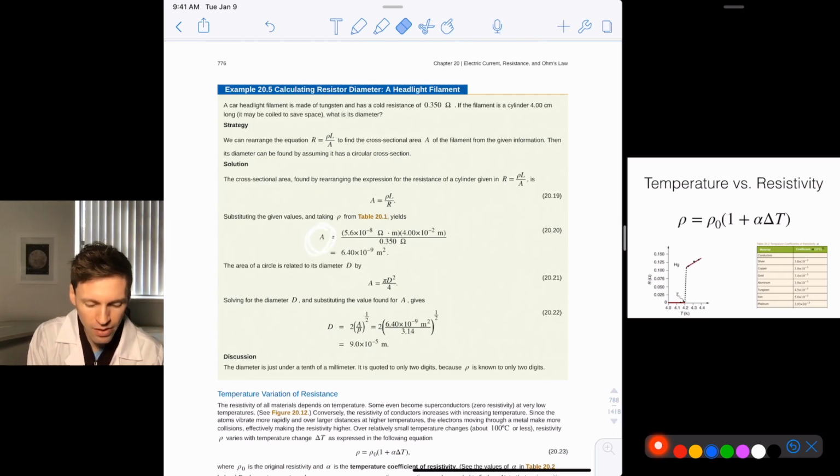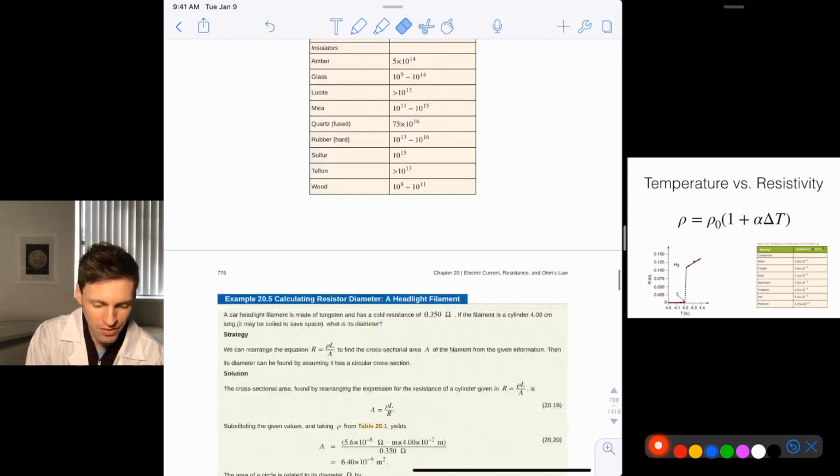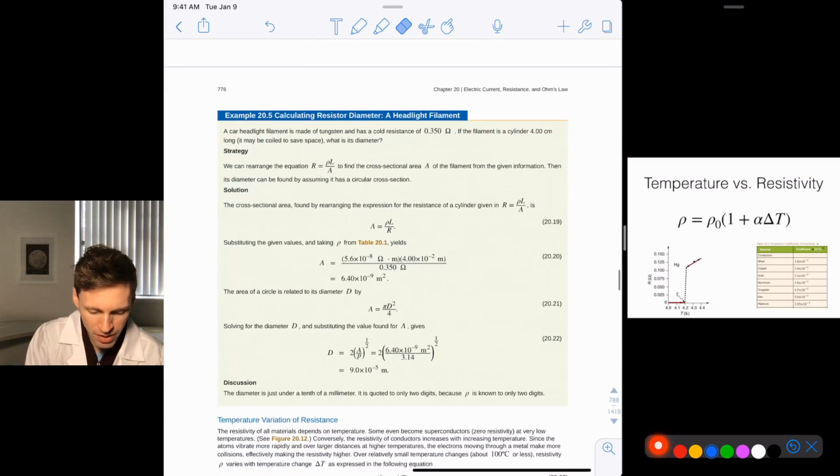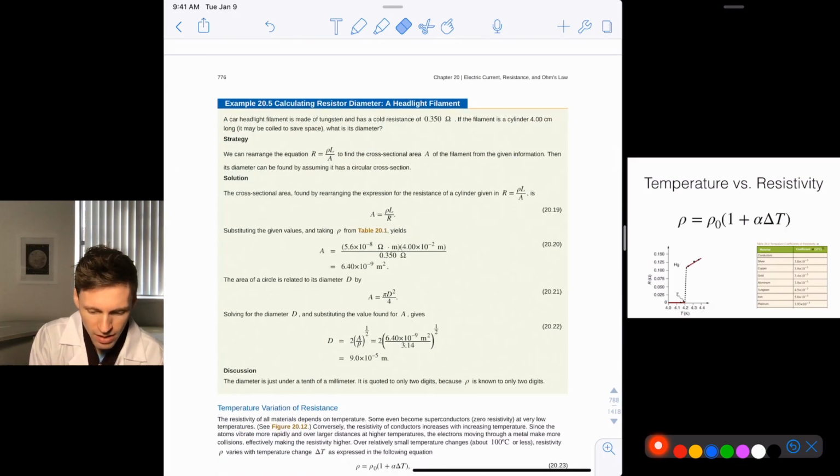In order to solve for the area, we have to rearrange our equation to be rho L over R. We know that it's 0.35 ohms. We know that the resistivity of tungsten, according to our table, is 5.6 times 10 to the minus 8 ohm meters. And they told us that the filament is 4 centimeters long, so we plug that in for the length.